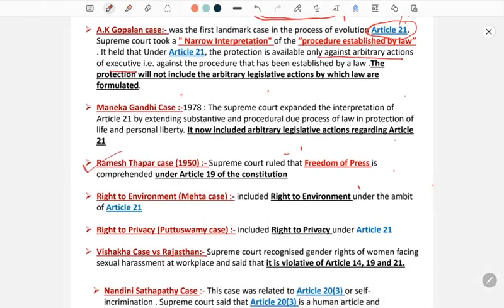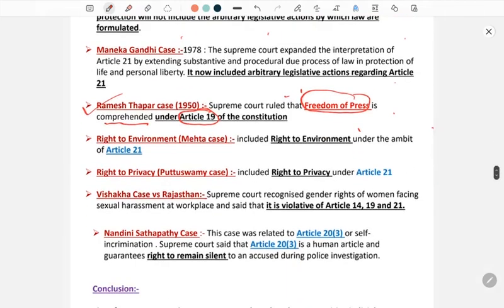In the Romesh Thapar case, the Supreme Court ruled that freedom of the press is comprehended under Article 19, freedom of speech and expression. In the Mehta case, that is 1987, the right to environment was included under the ambit of Article 21. Here also the Supreme Court said the right to environment is an inherent right under Article 21. Also the right to privacy in the Puttaswamy case.